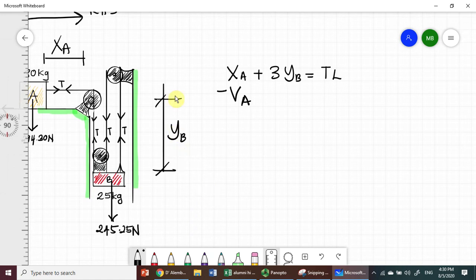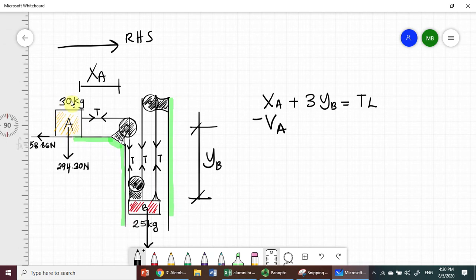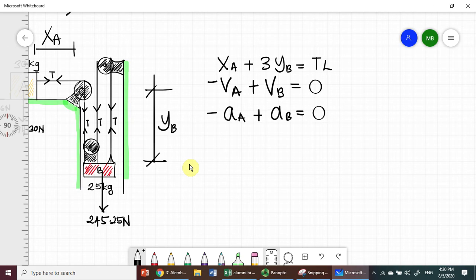So what happens to the cable of YB? So when block A moves to the right, obviously the cables attached to block B will increase. So that means our velocity for block B will be positive. And when you differentiate a constant, it will become 0. So you can do this similarly with the acceleration value. There we go. Now our main task is to determine the acceleration and the tensions.